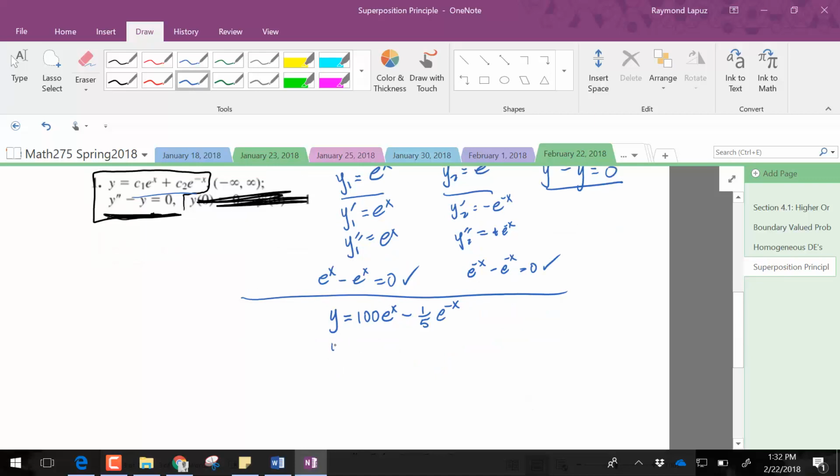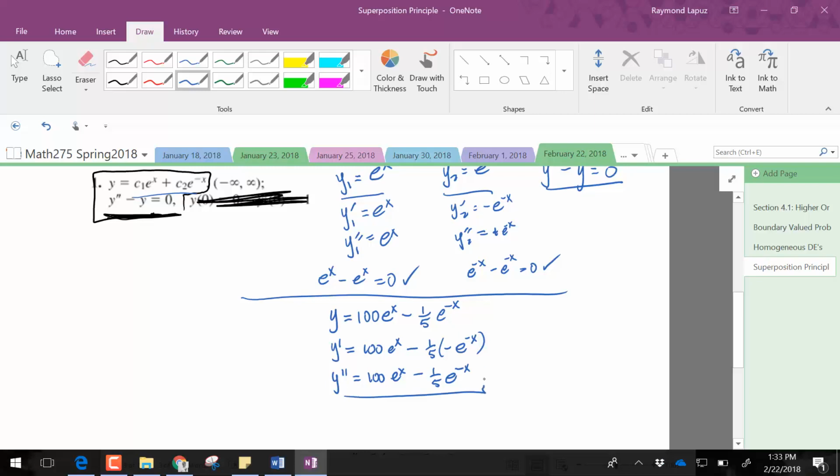So this is 100 e to the x minus 1/5 negative e to the negative x. So that would be a plus. And then I need the second derivative, 100 e to the x plus minus 1/5 e to the negative x. Okay.